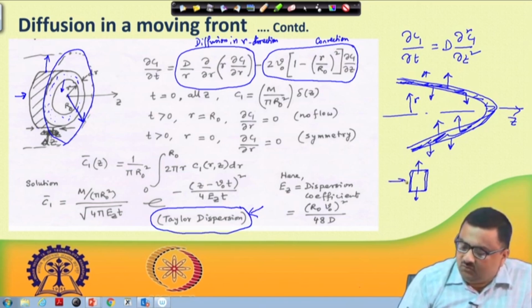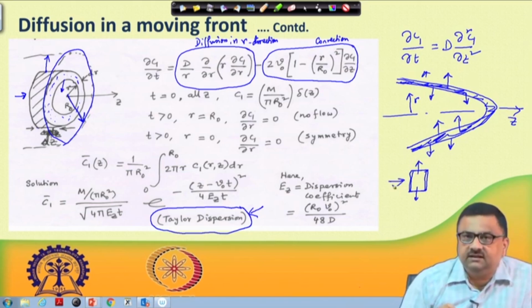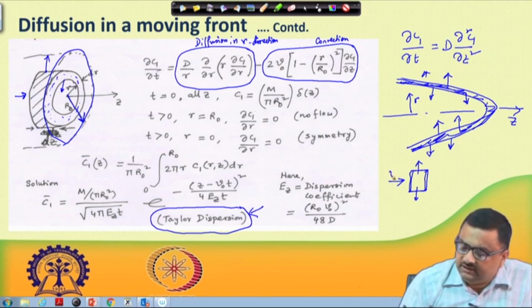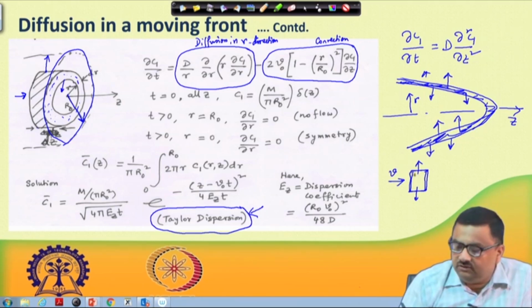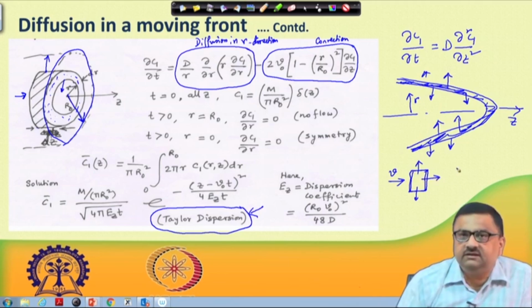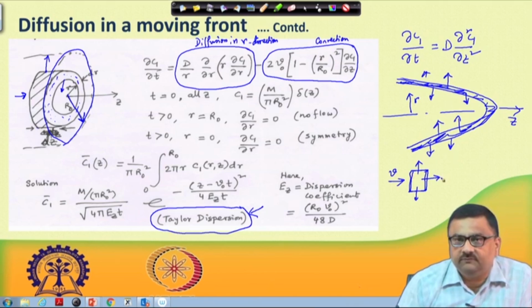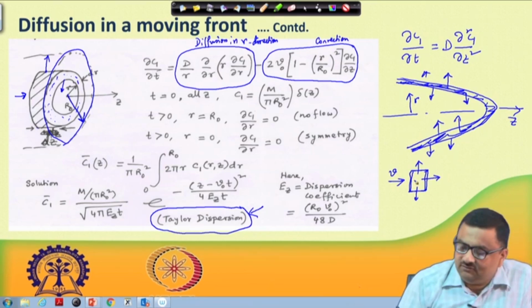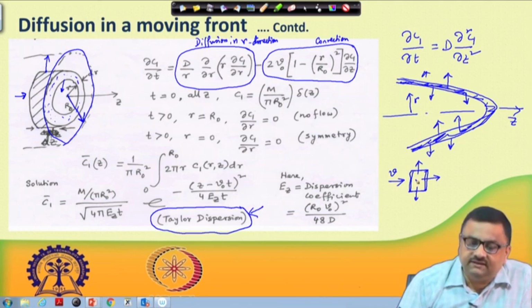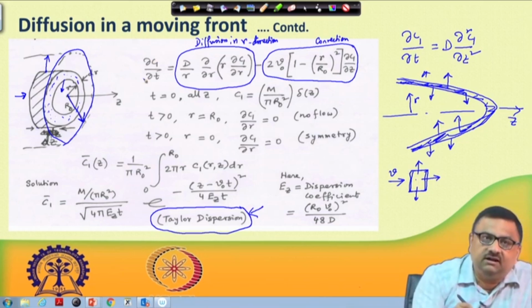But since the flow is taking place in this direction, this velocity v will carry some amount of solute with it, and some solute will leave the differential element with the flow. If these are not the same, there will be an accumulation, and that will contribute to this del C1 del t.